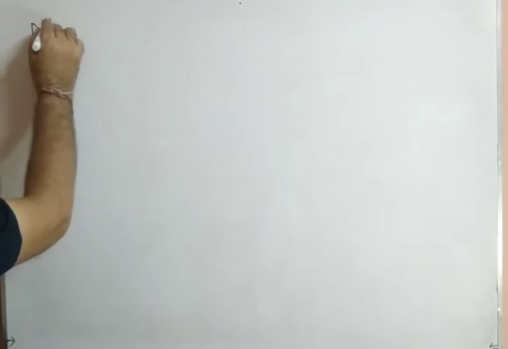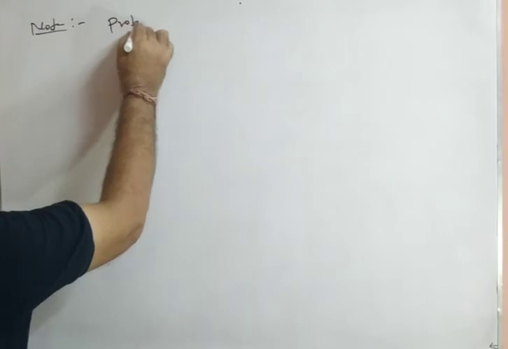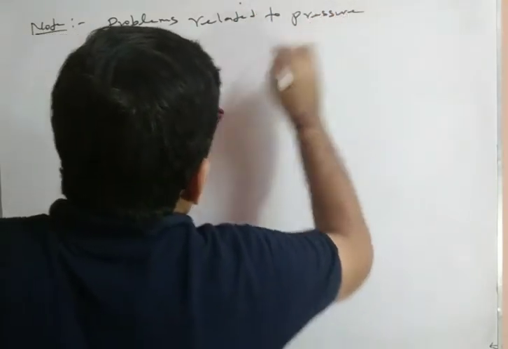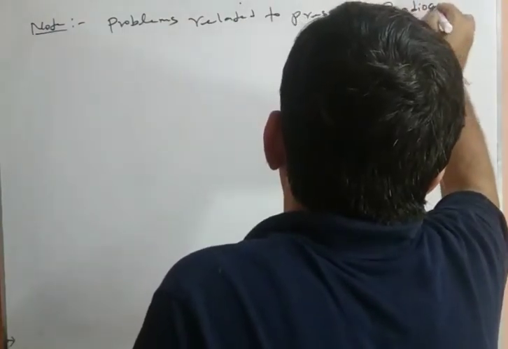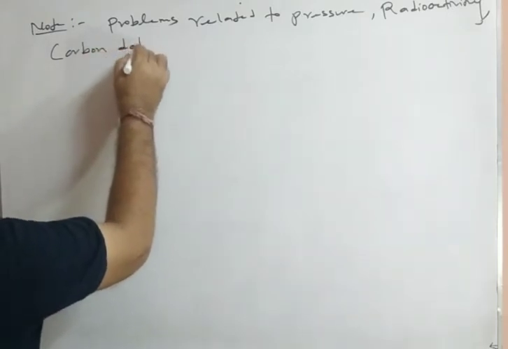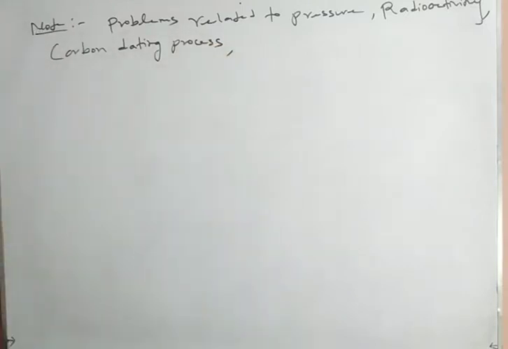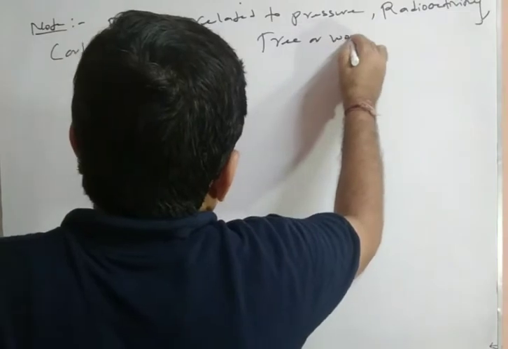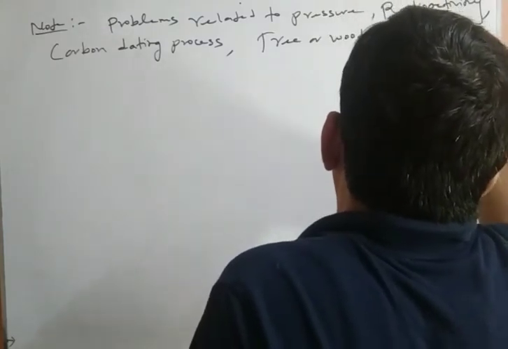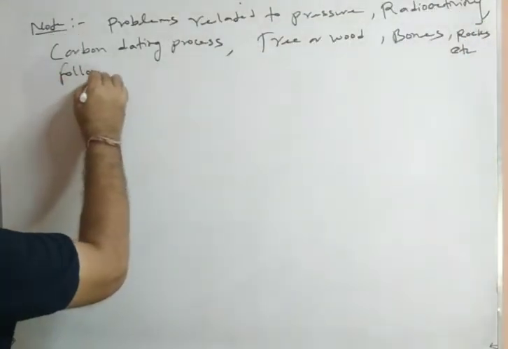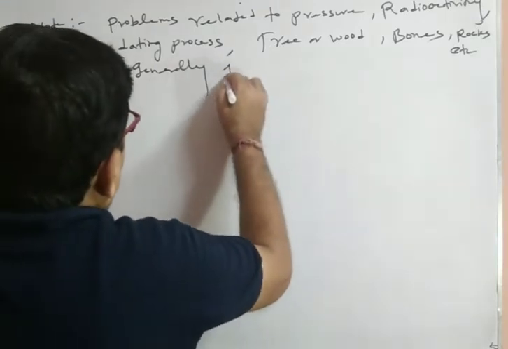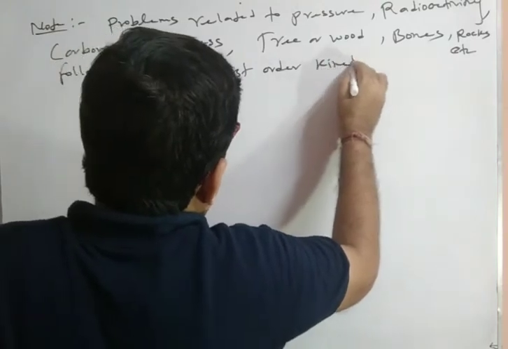So we can write in note: problems related to pressure, radioactivity, carbon dating process, tree or you can say wood, bones, rocks, etc. generally follow first order kinetics.